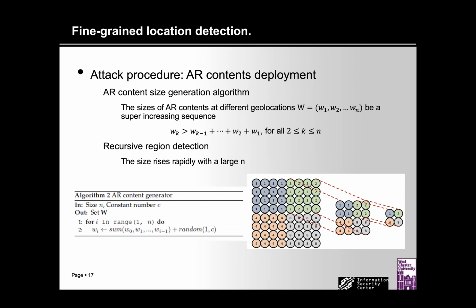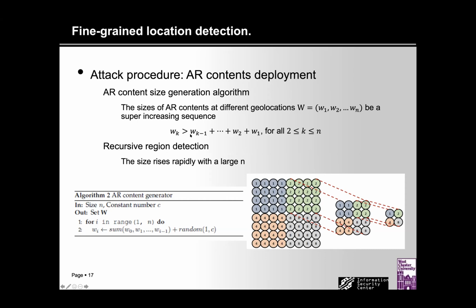If you simply generate this AR content with random sizes, the combination of multiple adjacent grids could result in the same size, and therefore it's impossible to detect the real location.